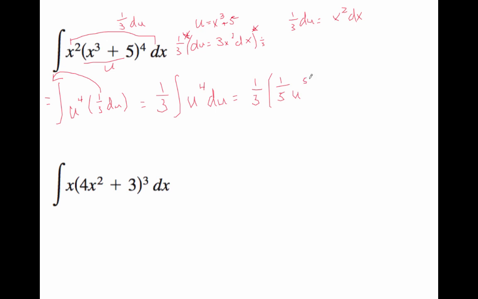It's 1/5 u to the 5th plus c. The two fractions can now get multiplied together to be 1/15. And we can put our x cubed plus 5 back in for the u. And there is your antiderivative, 1/15 times the quantity x cubed plus 5 to the fifth.